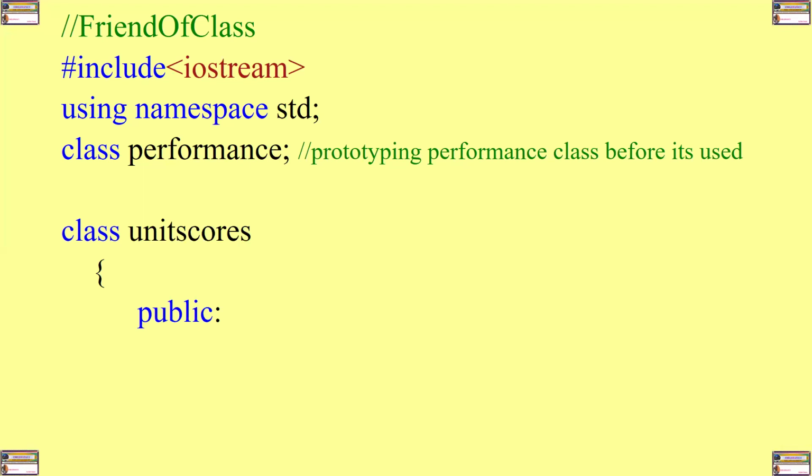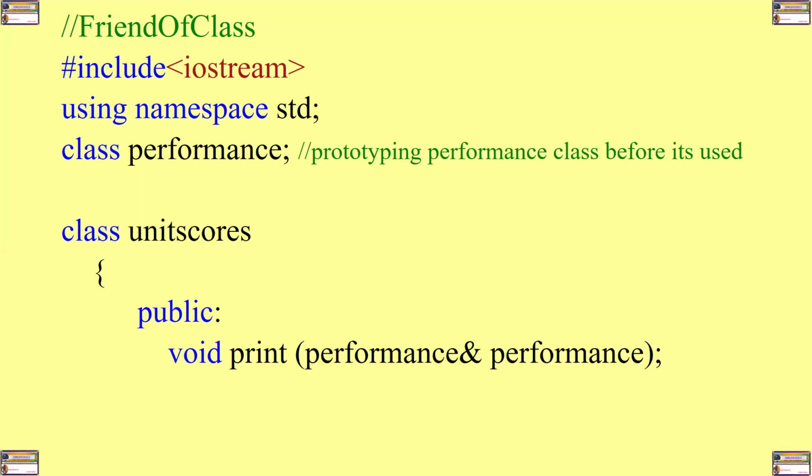Now this class has a public member, not a private member. This public member is a method. This method is called print. It is receiving a parameter called performance, the address of the class in which performance is an object.